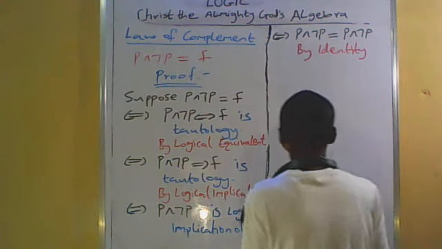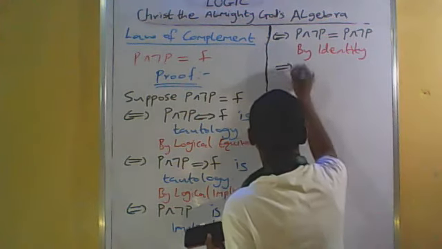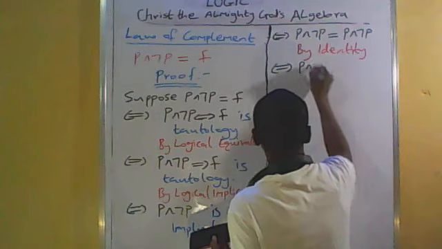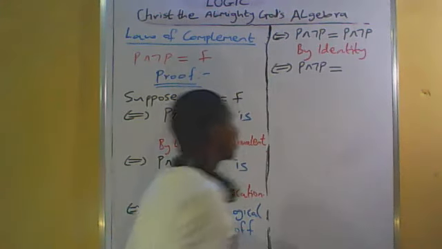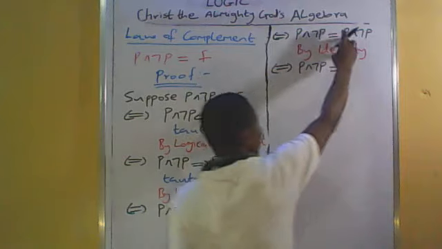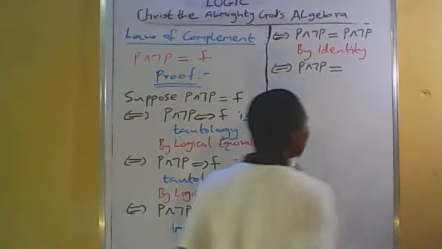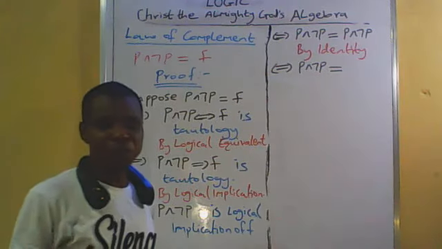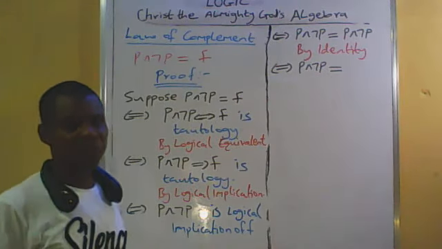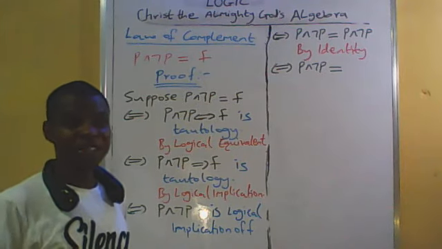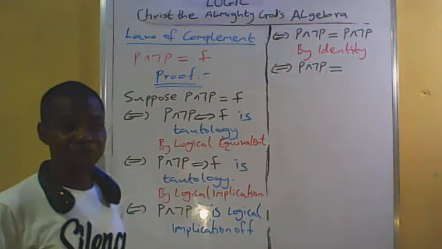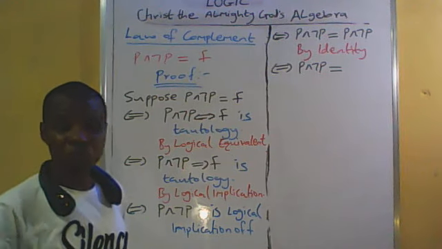So if and only if P and not P is equal to F. You will see that this P and not P is always related to be F. Since it's always related to be F, it is equal to falsity.